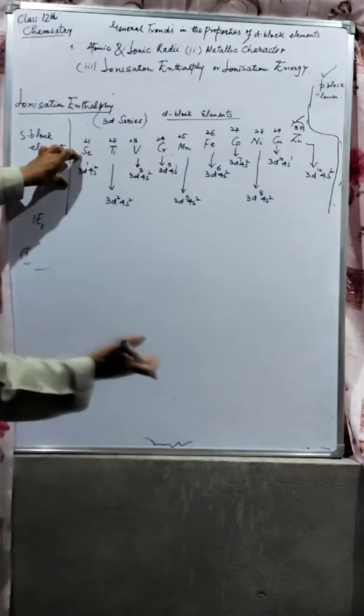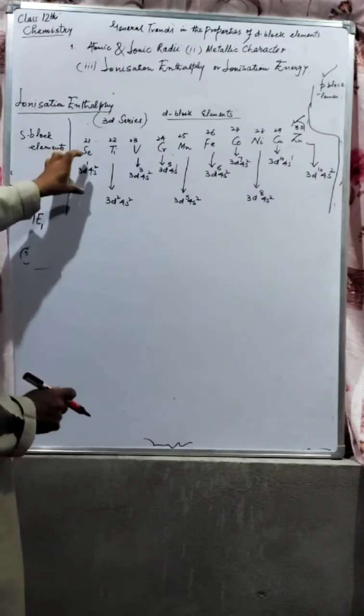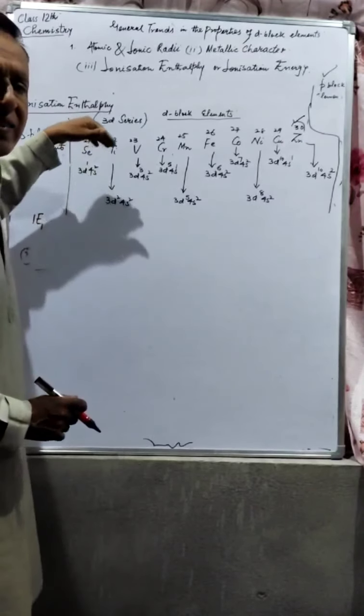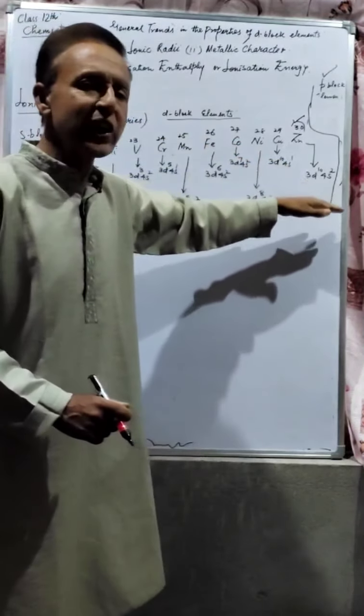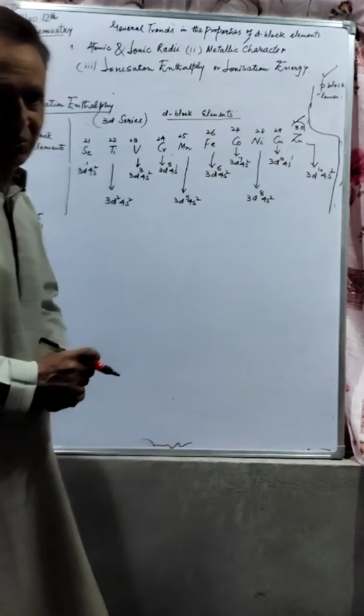And this ionization enthalpy is the amount of energy required to remove the most loosely bound electron. So, along the series, as the size goes on decreasing, the ionization enthalpy increases.